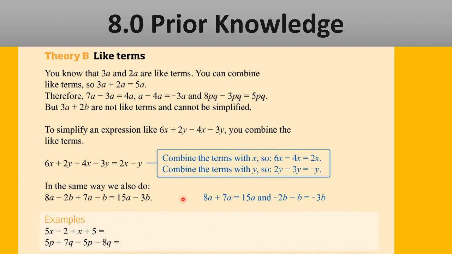And here you have other ones that explain the same thing. So here, how would you tackle this one? 5x minus 2 plus x plus 5. Well, we do 5x plus x is 6x, and minus 2 plus 5 is plus 3. Right? You can underline them like this if you want to.